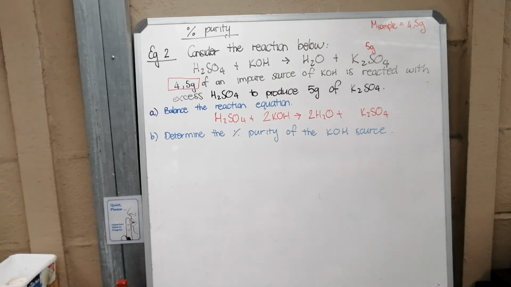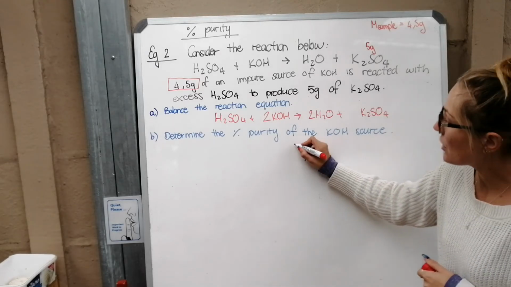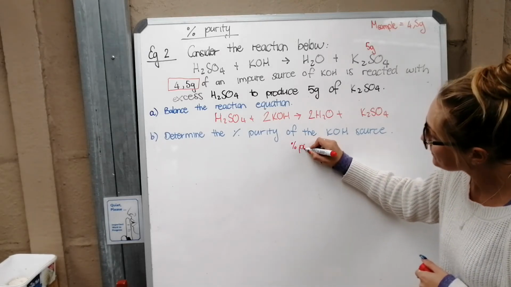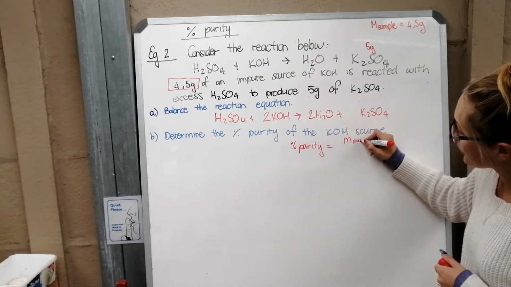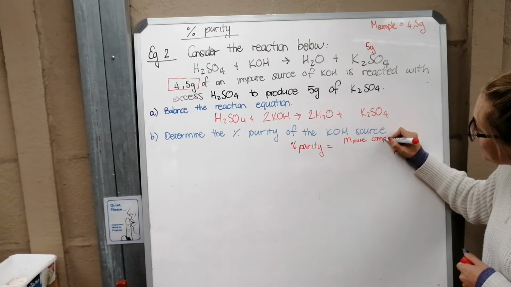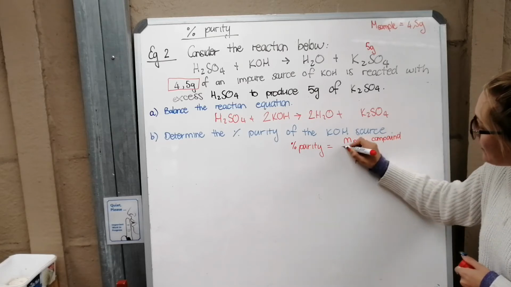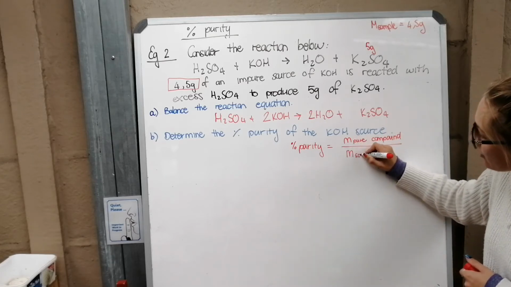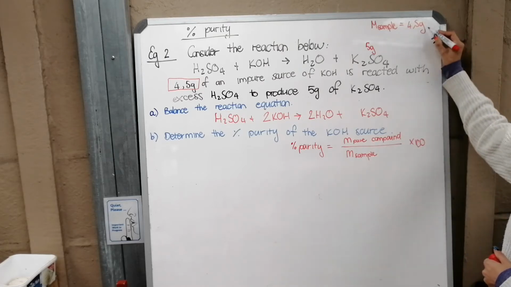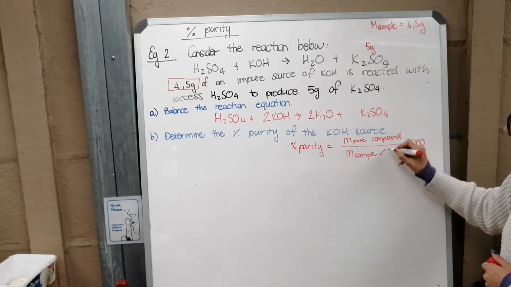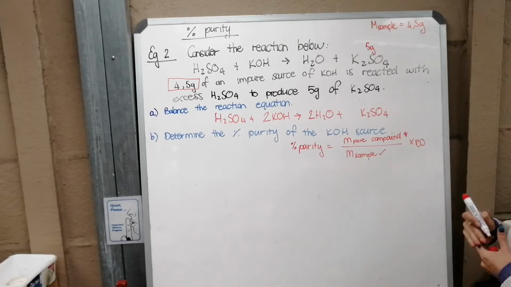Then question B, determine the percentage purity of the potassium hydroxide source. Now for percentage purity we use the formula that says the mass of the pure compound divided by the mass of our sample times 100. Now we've got the mass of our sample. We do not know the mass of the pure compound.